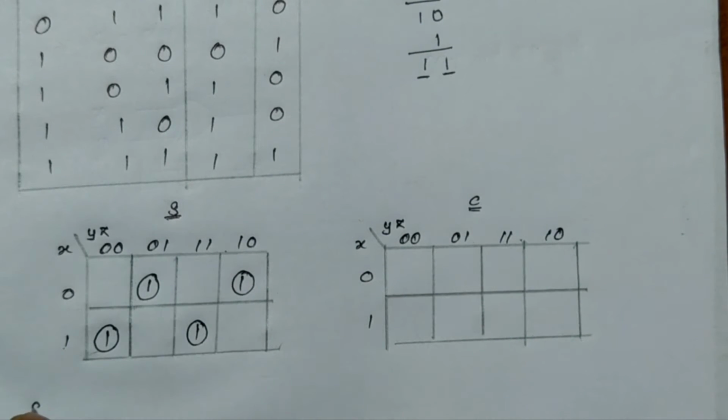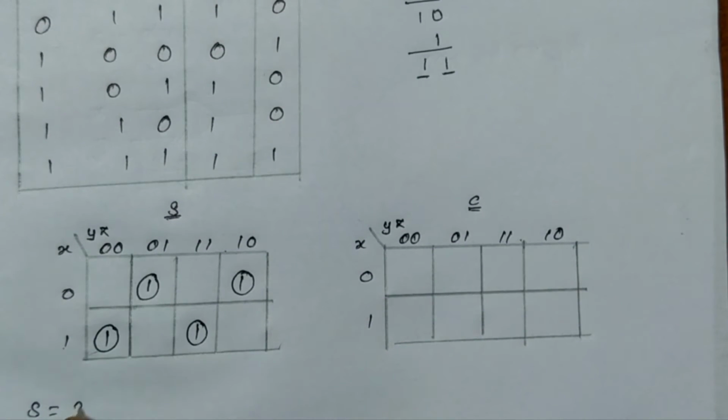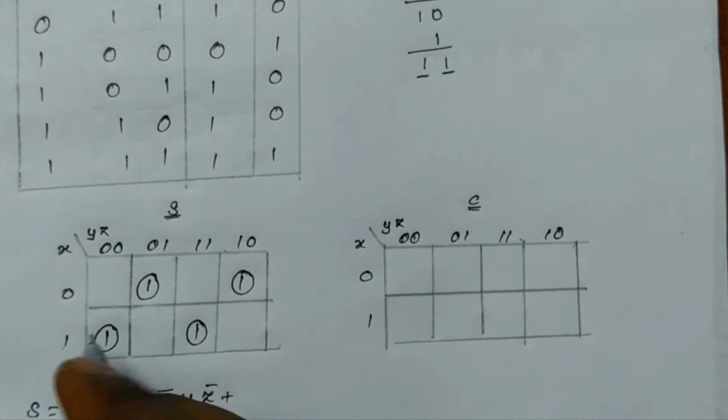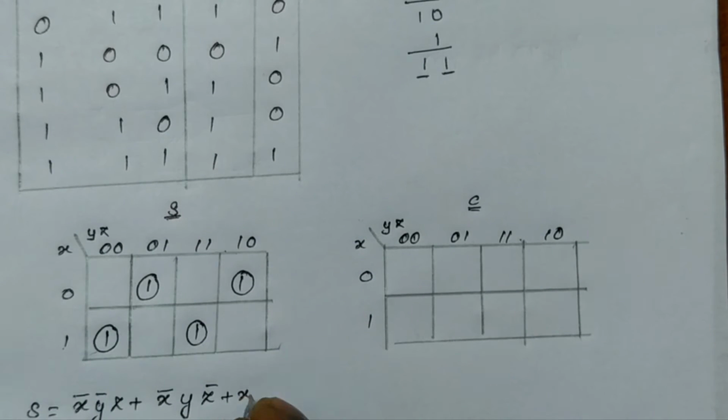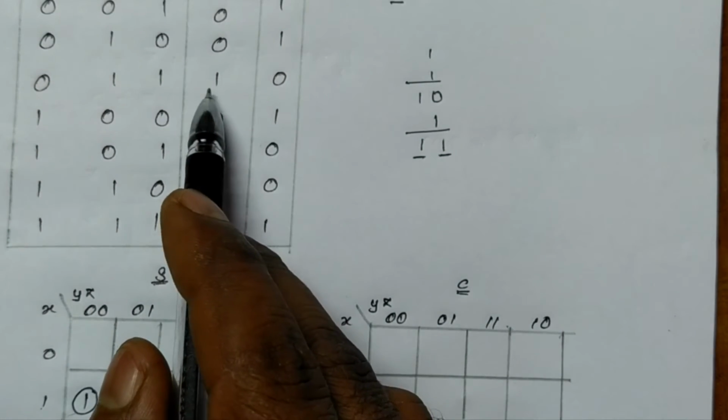So for the first one, sum is equal to x bar y bar z, plus 0 1 0, therefore x bar y z bar, plus, here we are having 1, therefore x y bar z bar, plus here 1 1 1, x y z. Okay, this is the algebraic expression for sum.